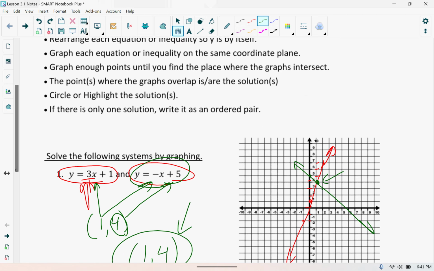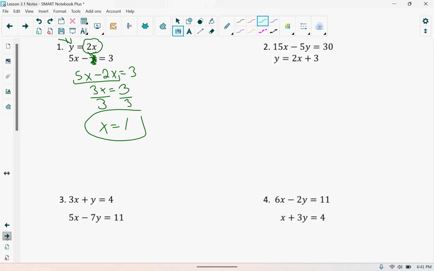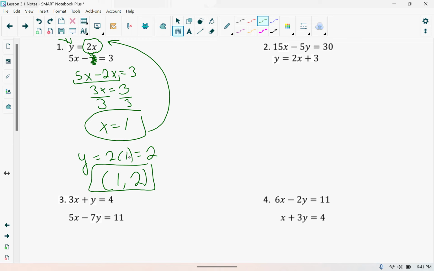Remember how I said that a coordinate point is your answer. So I only have one piece of the coordinate point. I have the x part, but I also need the y part. So I'm going to take this and plug it in right here to get y. So y is equal to 2 times 1, which is 2. So my coordinate point is going to be 1, 2, like that.